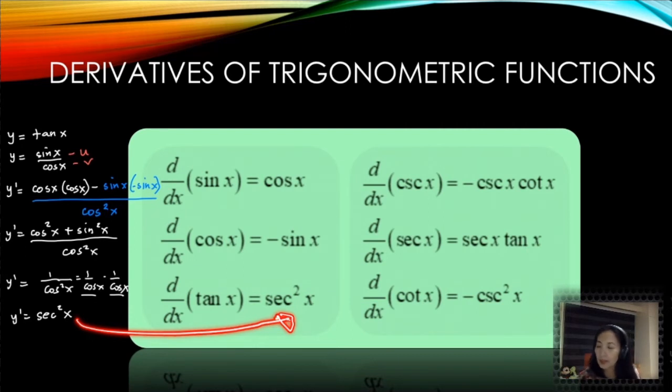Next, the derivative of cosecant x is equal to negative cosecant x cotangent x.